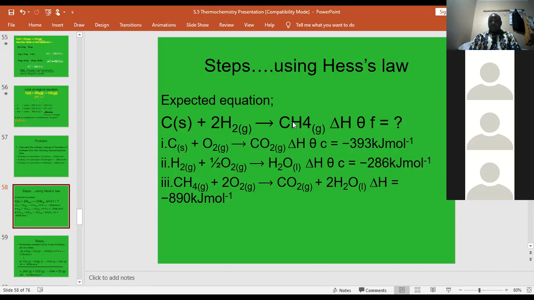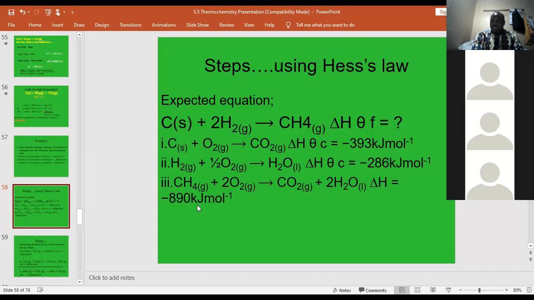Okay, now, I am saying, when you look at this methane and this other methane, they are on different sides, but we want to pull them to the same side. So the immediate thing we are supposed to do to take this methane to the other side is to reverse the equation. So we start by reversing equation 3.